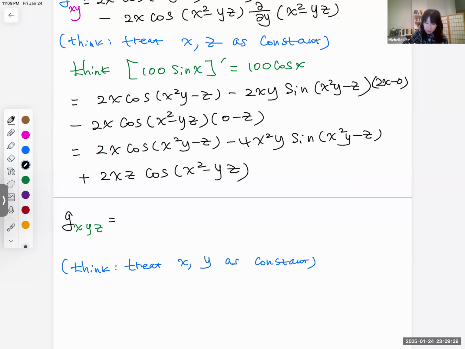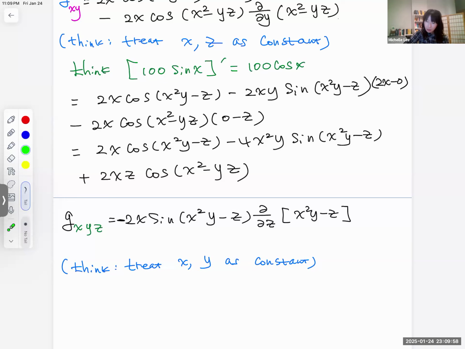We keep that, 2x, cosine, the derivative of sine is cosine, of x²y − z. Oh, chain rule, sorry about that. I'm so tired right now. So the derivative with respect to z of x²y − z. Okay, second term, no z, so it's a constant. We keep that. What's the derivative of sine? Cosine of that, with the chain rule. Okay, very good.